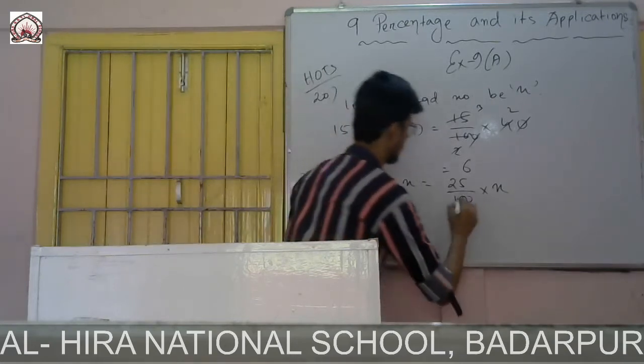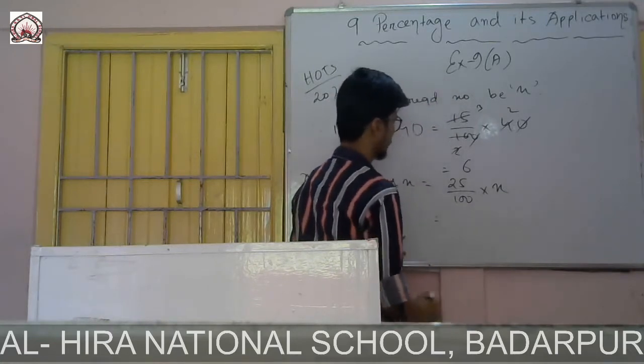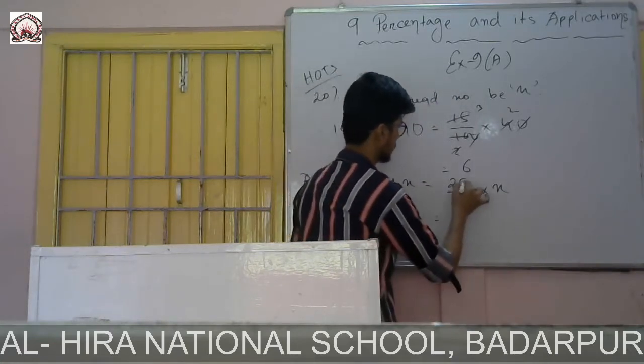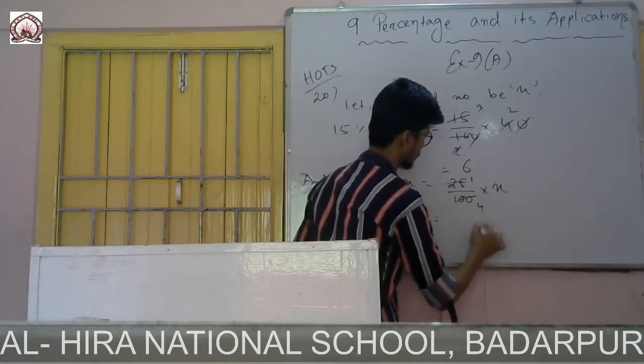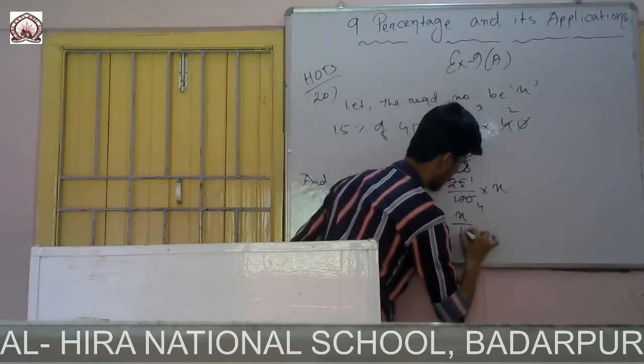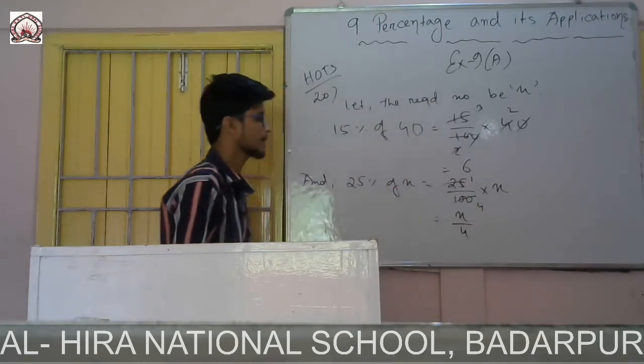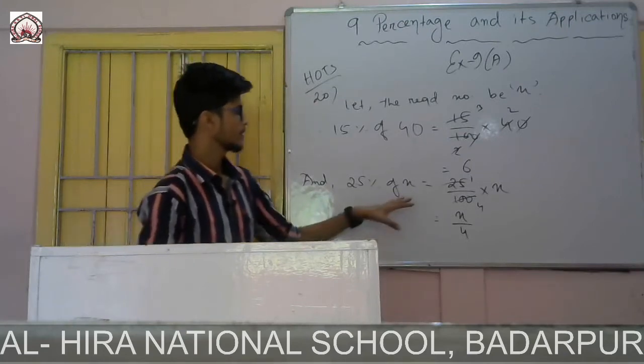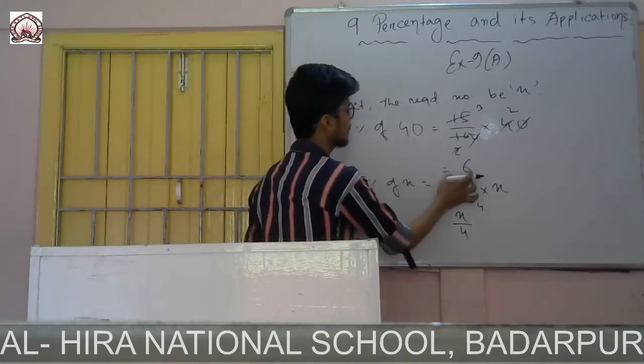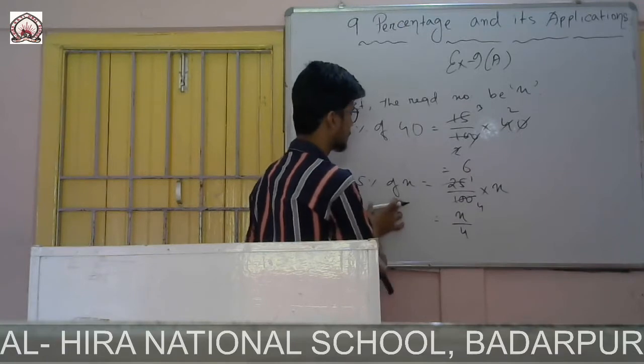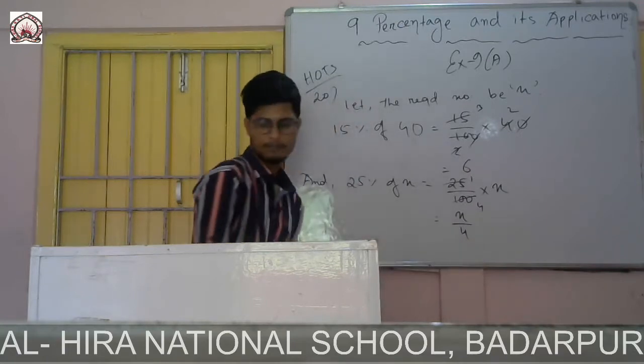Cancel 25 once and 25 4 times, so it will be x by 4. So 15% of 40 is 6, and 25% of x is x by 4.